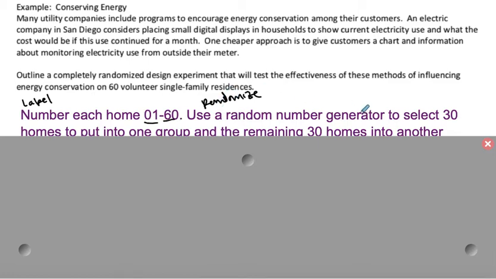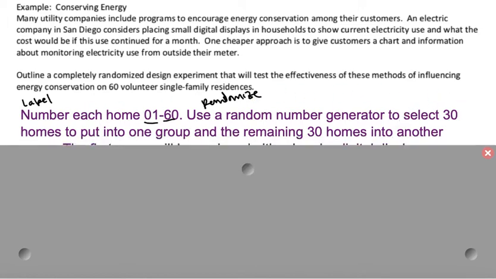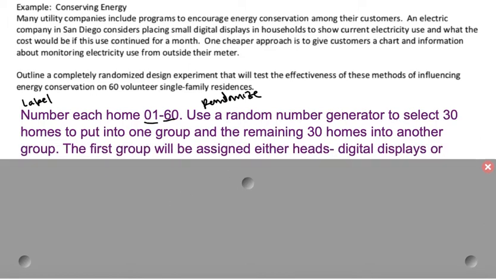Use a random number generator. And I did 0, 1 to 60 because I didn't indicate whether this was going to be my calculator or the random digit table. But I'm going to use that to select 30 homes to put into one group, and then the remaining 30 homes into another group. Okay, so that's going to be my first thing, is to take all 60 and split them into 2 groups.